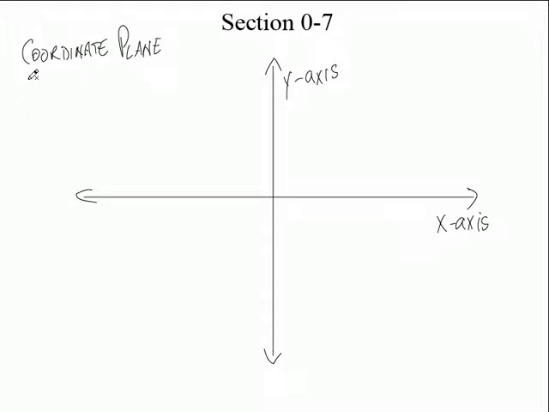There's other names too. I don't know if you'll ever see this or not, but I'll just throw it in there. Sometimes they call it the Cartesian plane, named after a guy with a girl's name. His name's Rene Descartes. It's a French name, I believe.